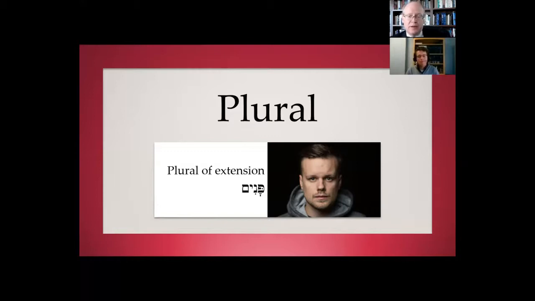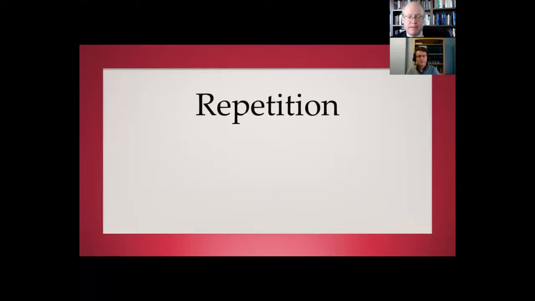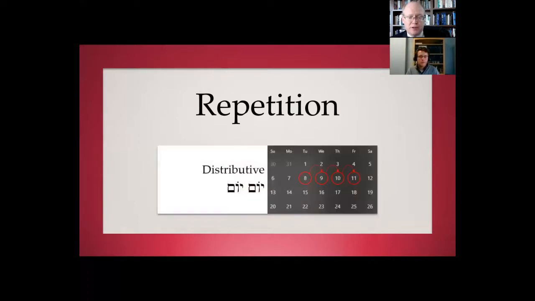There are other instances of similar things where a plurality of parts constitutes a whole, and that would be called a plural of extension. Now, it is true that repetition occurs in Hebrew, and repetition, as Williams indicates, may be a distributive. That is, when we say yom yom, we mean day by day or each day.